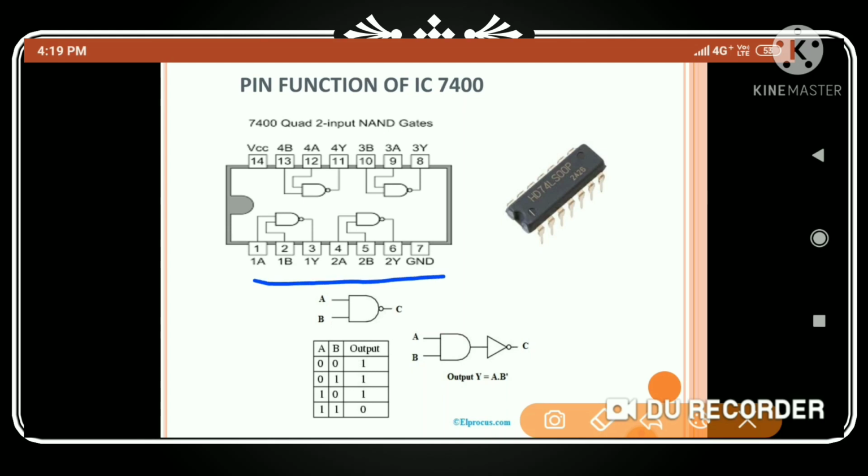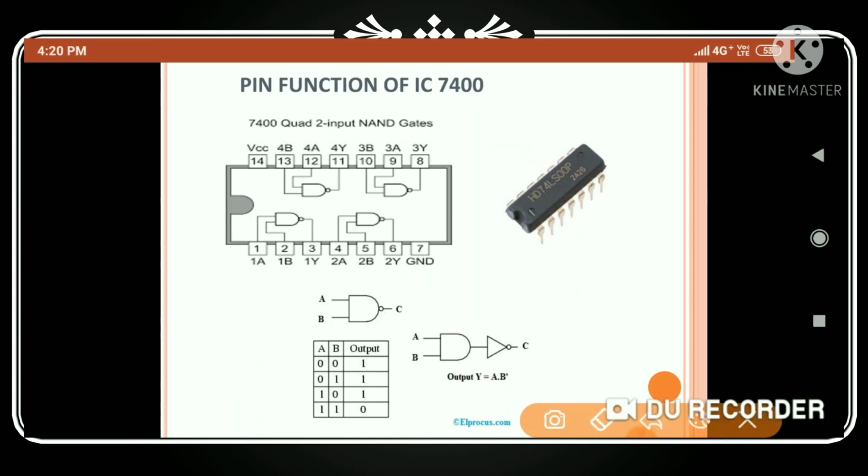You can see 1 to 7 here and 8 to 14. 14-pin configuration means dual in line, with 7 pins here and 7 pins here, both sides having pins. And I told you about the U-shape, you can see here. This is the IC.